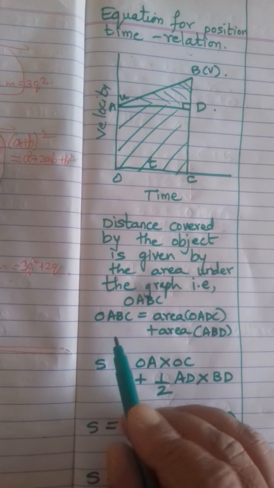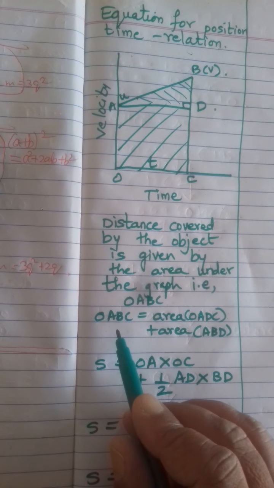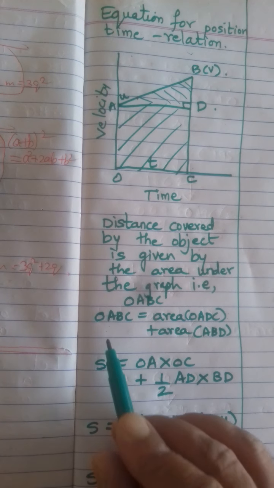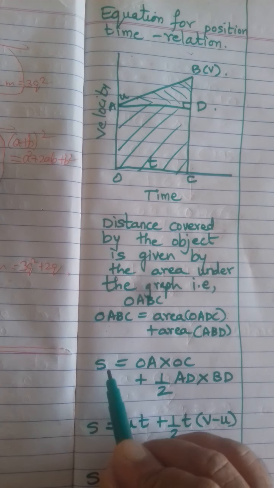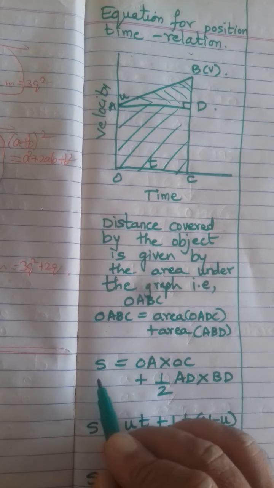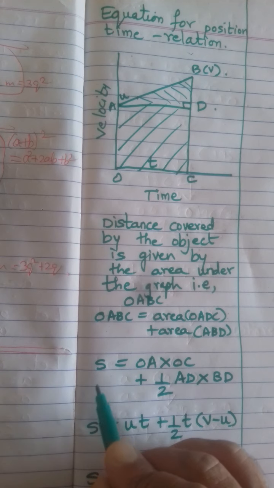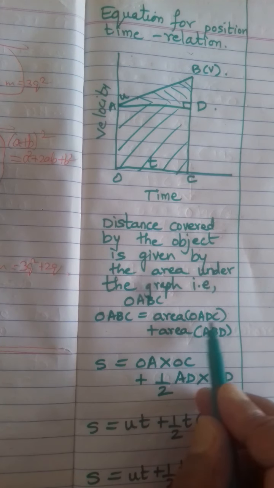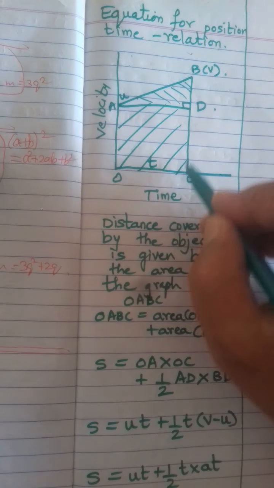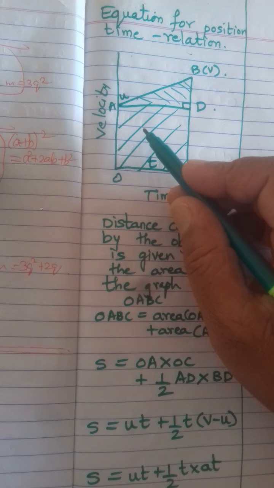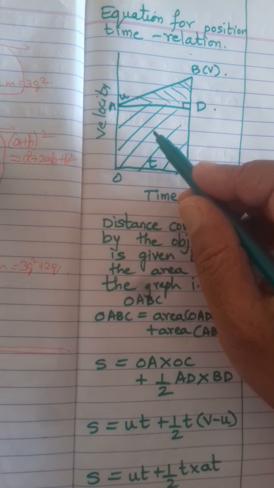The area enclosed under the graph gives the distance, which is denoted by the letter S, and it is equal to area OADC plus area ABD. OADC is a rectangle. The area formula for a rectangle is length into breadth.